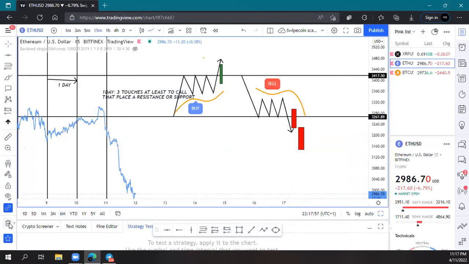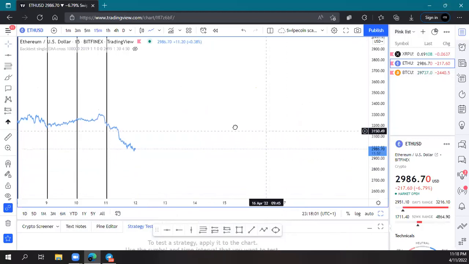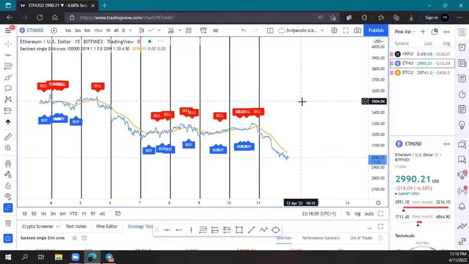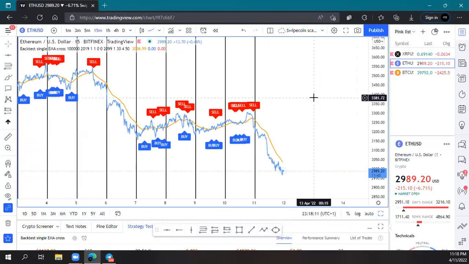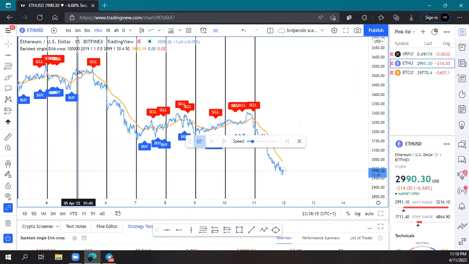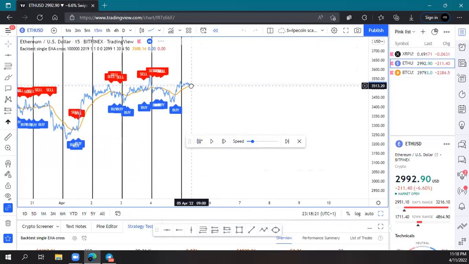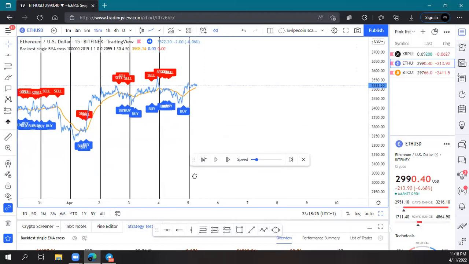So let me clean this up and we look for examples, right? What I'm going to do is rewind the market back to somewhere here. So we are going to take a practical example. I'm just going to show you guys how this actually works.